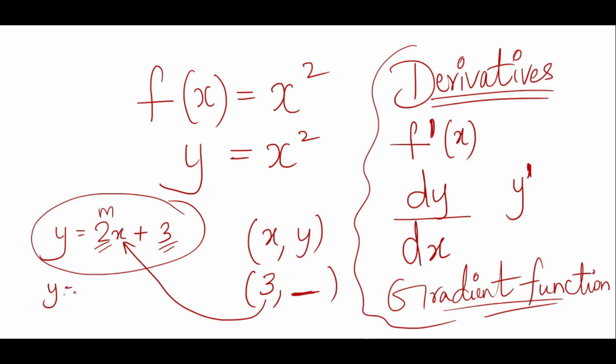So y is going to be 2 times 3 plus 3, giving you 6 plus 3, which is 9, which means the y coordinate on the straight line having an x coordinate 3 will be 9. So this is some prior knowledge you need to have.